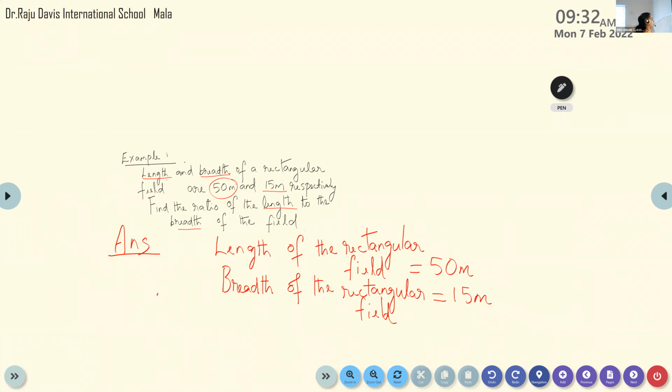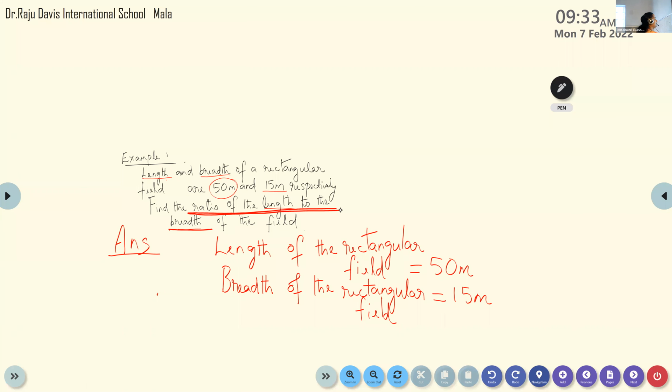What are we writing first? Here we are writing length, so length versus breadth. Look at the sentence. How will you get it? Find the ratio of the length to the breadth. You will get the step from the question itself. What is given first? Length is given, breadth is given. That we have written. Then what do we have to find? Look at the question again.